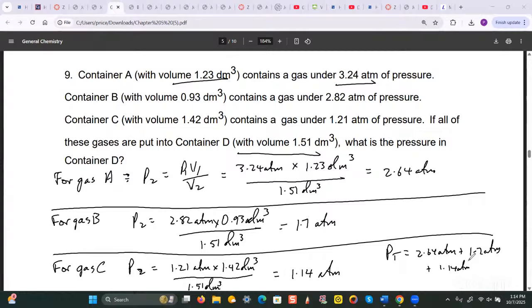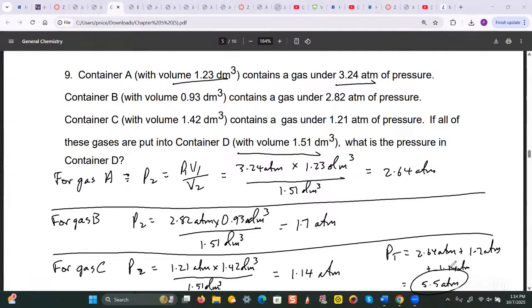When adding, we round off to the lowest number of decimal places, which would be one decimal place. So according to my calculation, this works out to be 5.5 atmospheres. And that would be the answer for that question. Any questions about this one?